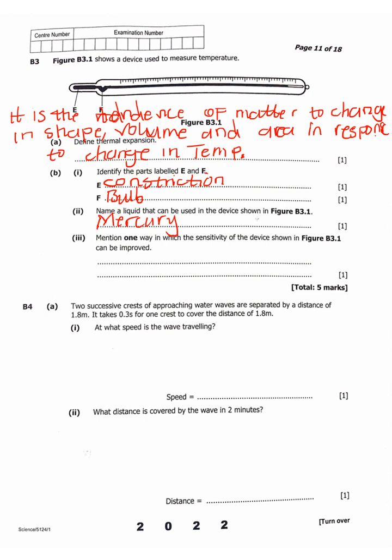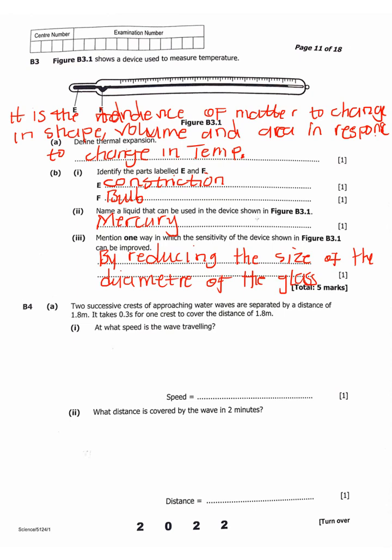Now for Roman number 3, mention one way in which the sensitivity of the device shown in figure B3.1 can be improved. So if we want to improve this, we can just reduce the diameter of this glass. So by reducing the size of the diameter of the glass, it means now it is easy for heat to penetrate.